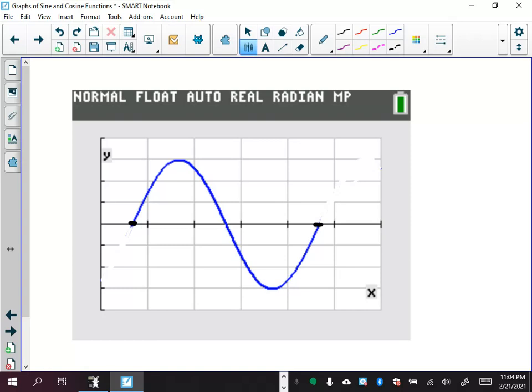If you notice, it's not starting at 0, 0, which is what the other graph started at. This has been phase shifted over. Okay. So that's what we're looking at when we talk about phase shifting. We're not talking about starting at 0, 0 anymore.